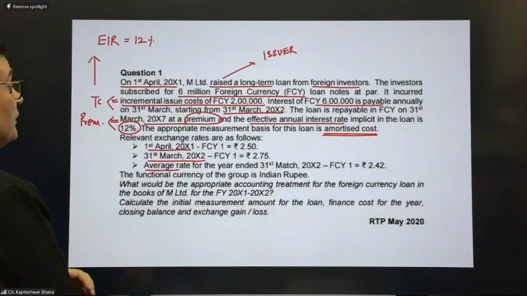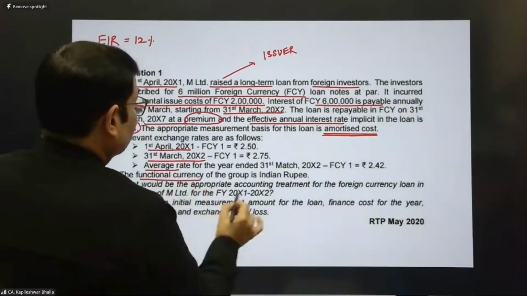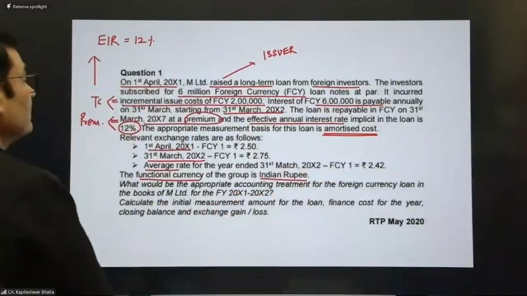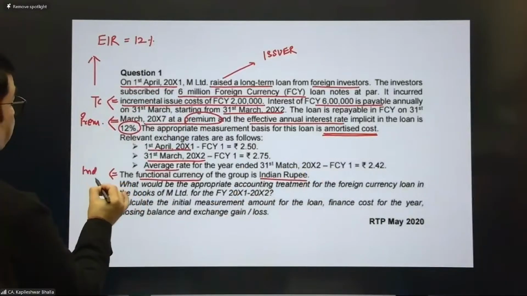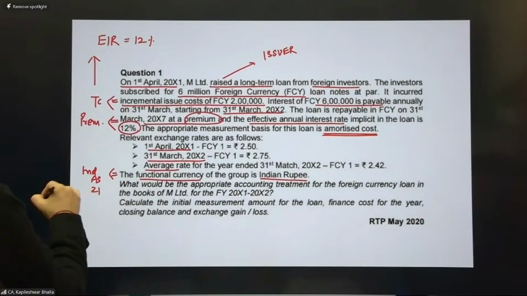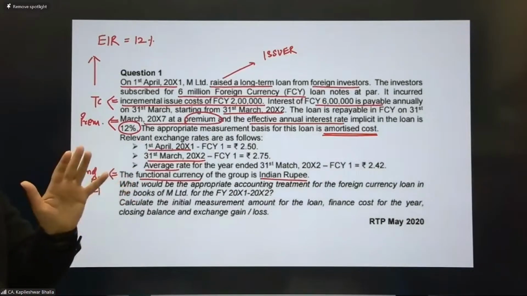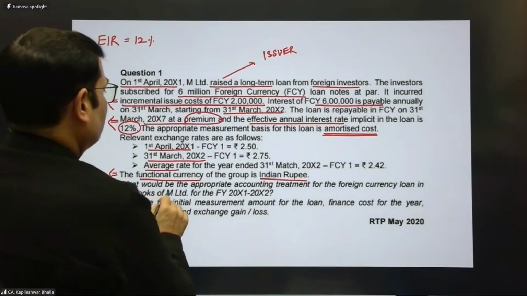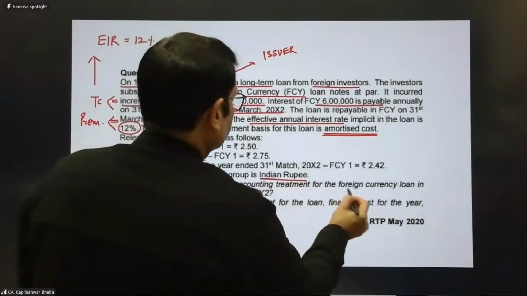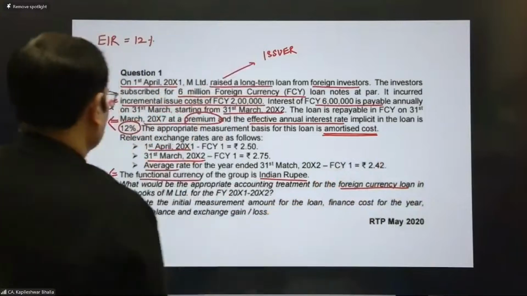And then it says the functional currency of the group is supposed to be Indian rupee. So these are the inputs given to me as per Ind AS 21. So if your functional currency is Indian rupee, you need to convert all this in terms of Indian rupee.